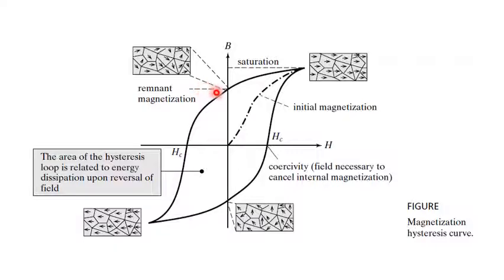The measure of the reverse field needed to reduce the magnetization to 0 after having reached saturation is known as the coercivity. So coercivity is a measure of the field needed to drive the magnetization back to 0. The area enclosed by the hysteresis curve will indicate the amount of magnetic energy stored in a magnetic material.